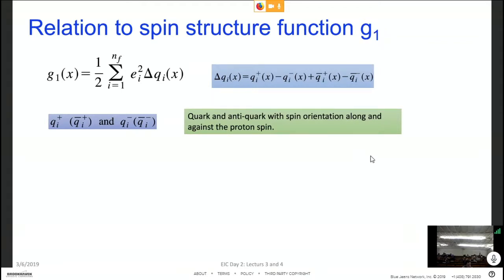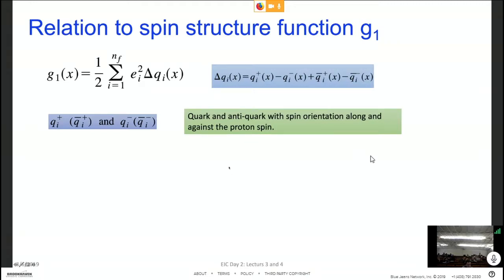So delta Qi is Qi plus minus Qi minus, plus the anti-quark Q bar i plus minus Q bar i minus. I won't distinguish beyond this point, because the photon does not distinguish between quark and anti-quark. It will only see its charge and interact. So when I say delta Q, it always means the quark's orientation with respect to the proton and the anti-quark's orientation with respect to the proton all together.